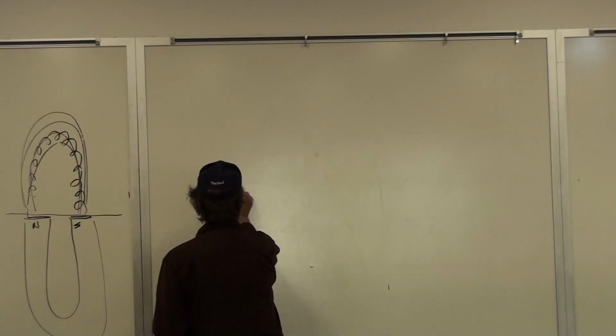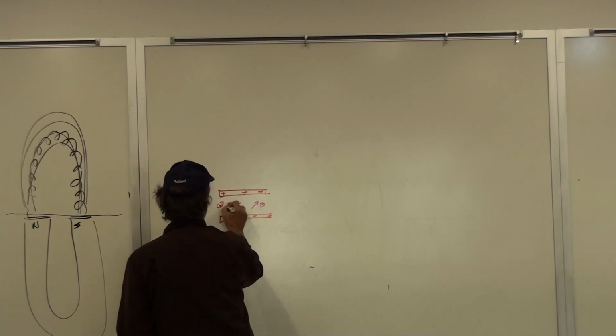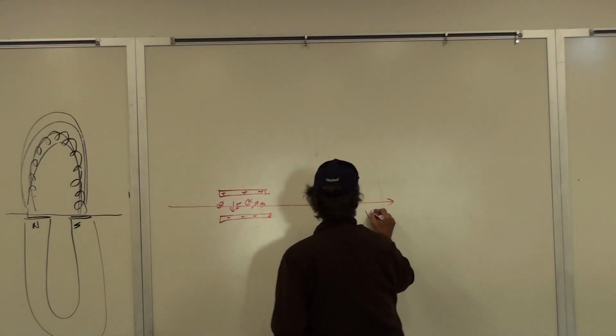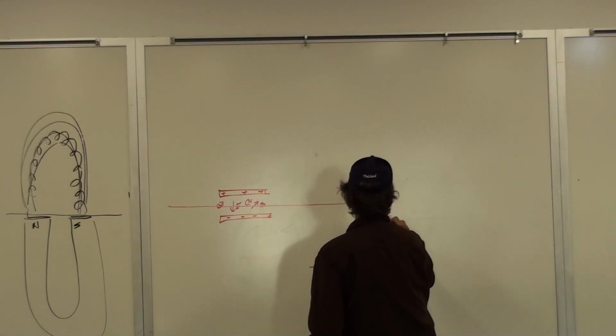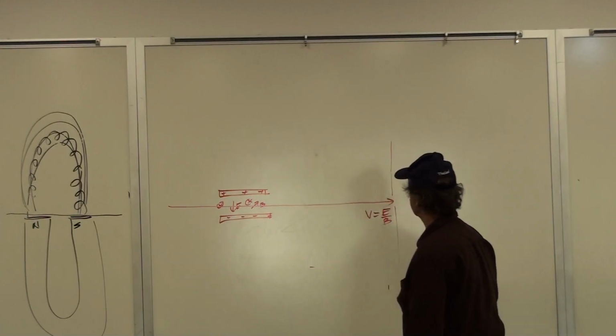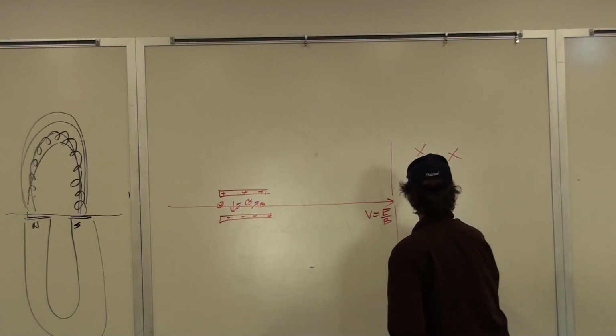So here we've selected the velocity. This was plus, minus, this was E, and then B was into the board. So in this process then we have velocity is equal to E over B. And then we send those particles with a known velocity into a region of uniform magnetic field.